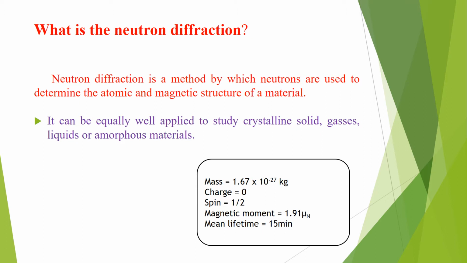The mass of the neutron is 1.67 times 10 raised to the power minus 27 kilogram. Neutrons have no charge. The spin is plus half, its magnetic moment is 1.91, and the mean life is 15 minutes.